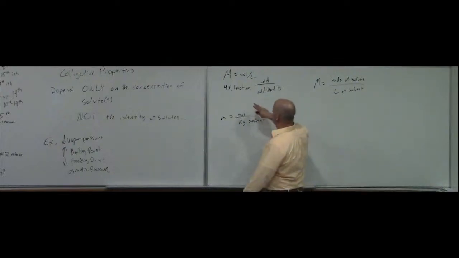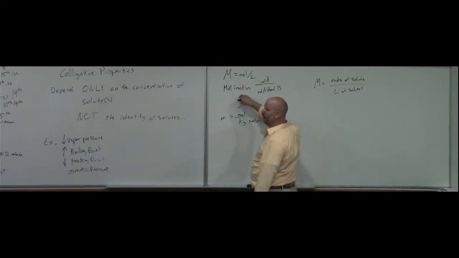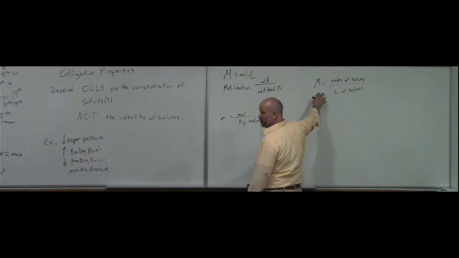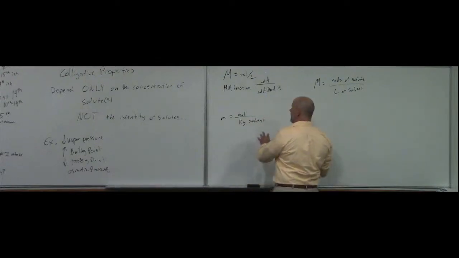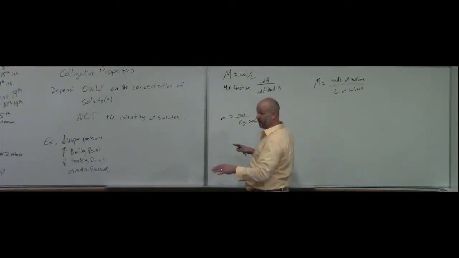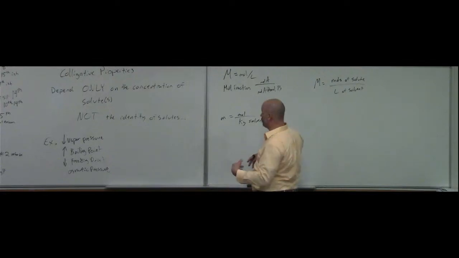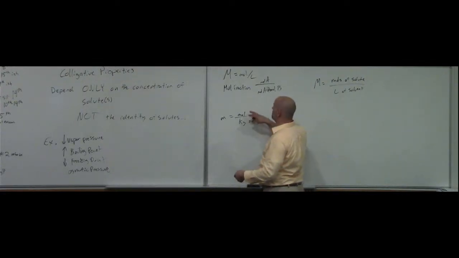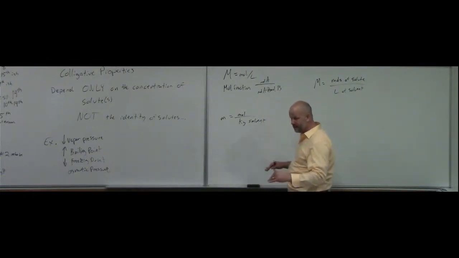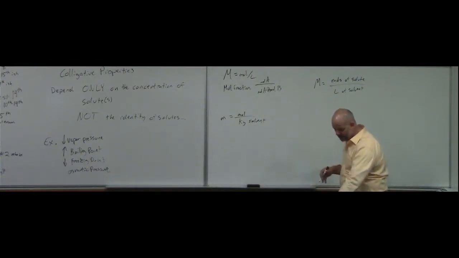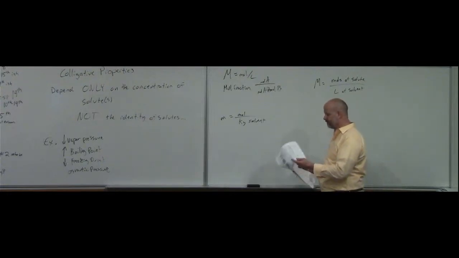Whereas if I do a mole fraction, I don't need to be worried about the volume changing based on pressure or density. I can calculate the moles of each one. If I have a certain solvent, its mass is the same regardless of the atmospheric pressure or the temperature. And so moles of solute divided by kilograms of solvent is going to be consistent. It's going to be helpful. So that's the reason that we would go ahead and do this.